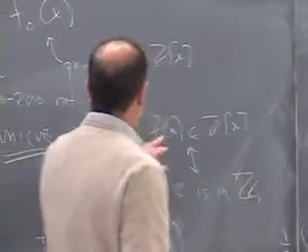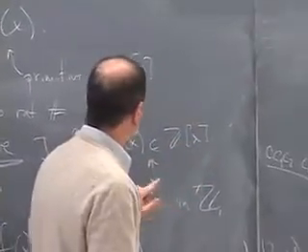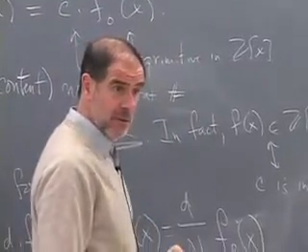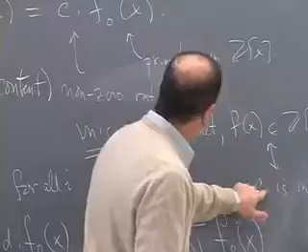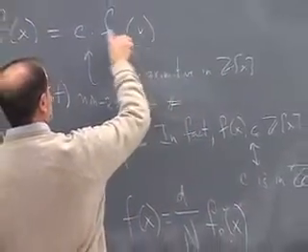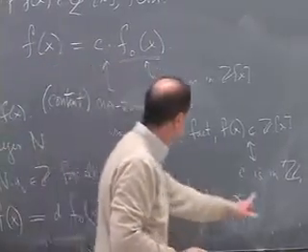In fact, I claim that when I write the polynomial this way, the polynomial has integral coefficients if and only if this constant is an integer. If the constant is an integer, this has got integer coefficients. So if you multiply a polynomial of integer coefficients by an integer, you get an integral polynomial. So that's this direction.